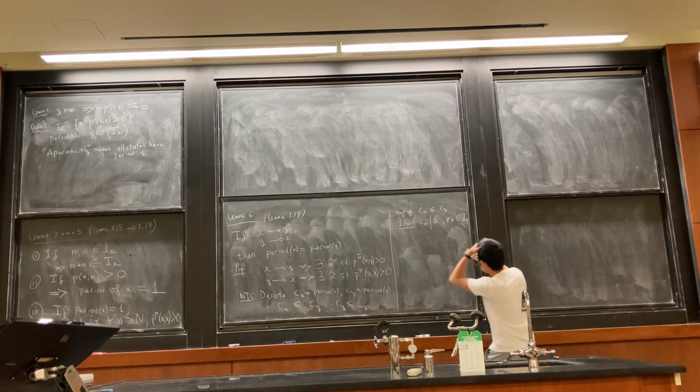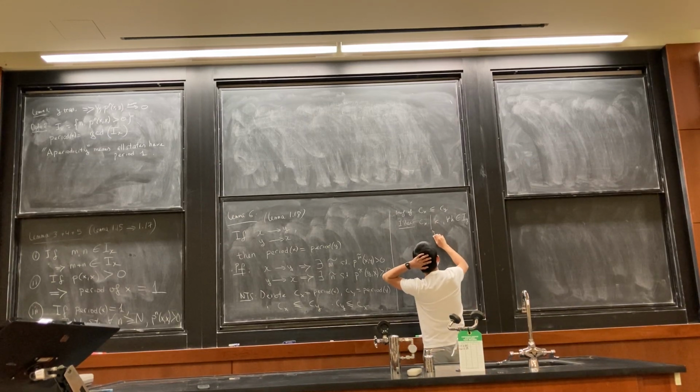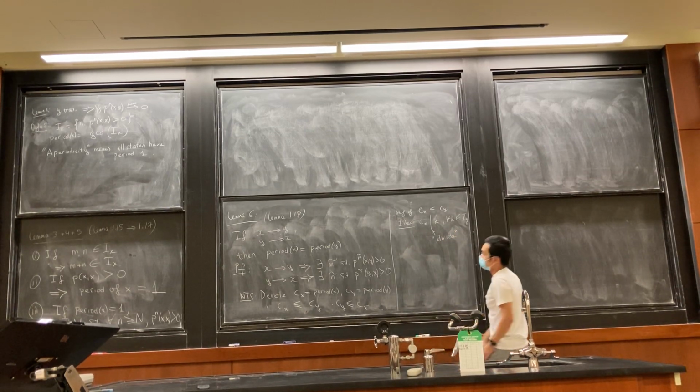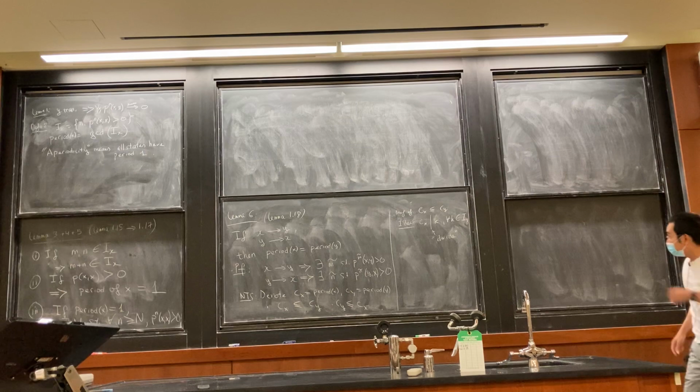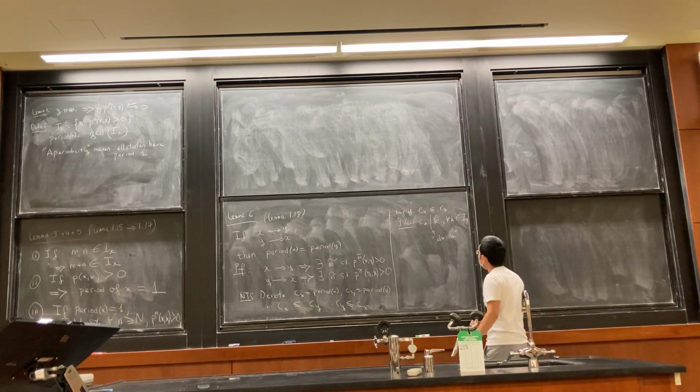Just in case, this is the notation for divide. Suppose I have CX divides every element K in the IY. What does that say about CY?